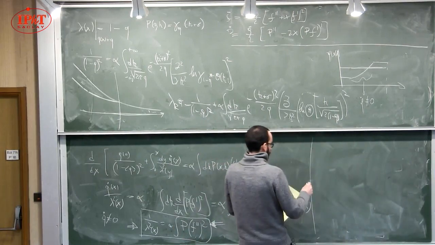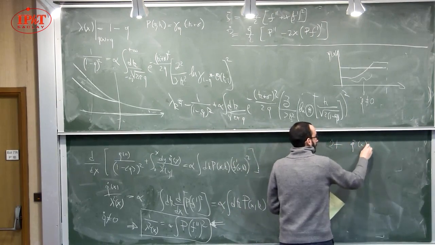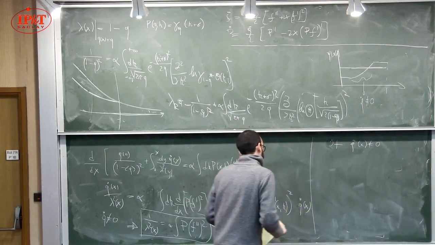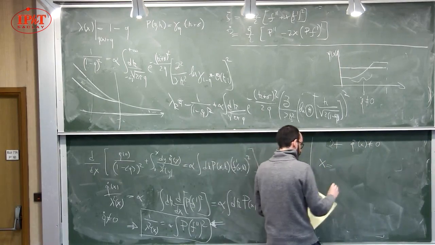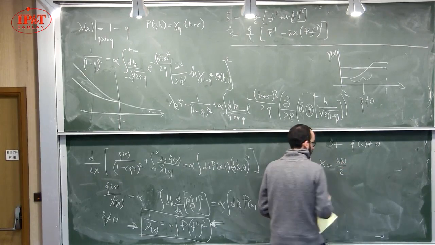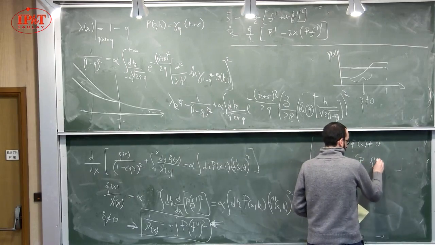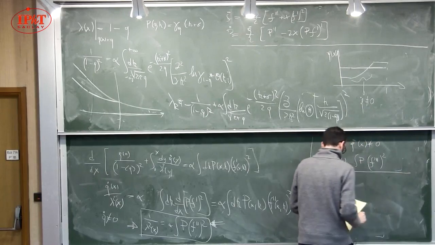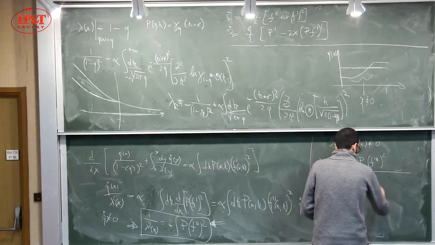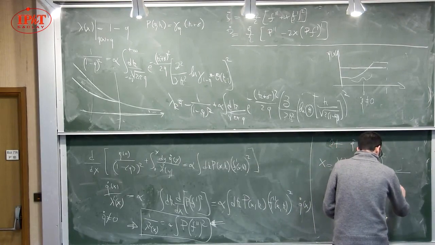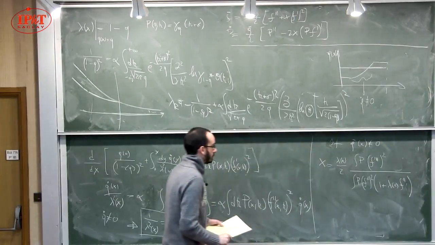So if Q dot again is different than 0, then you have x that is equal to lambda of x divided by 2.